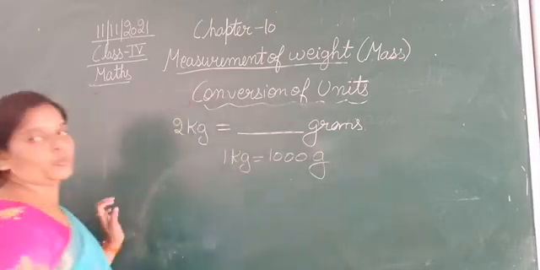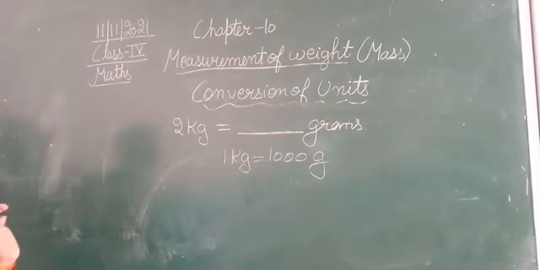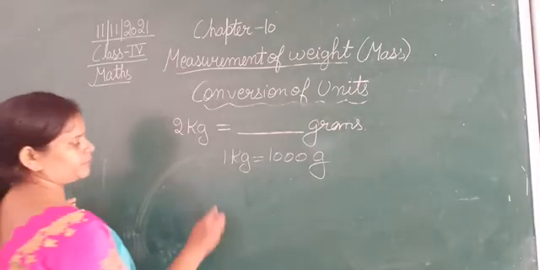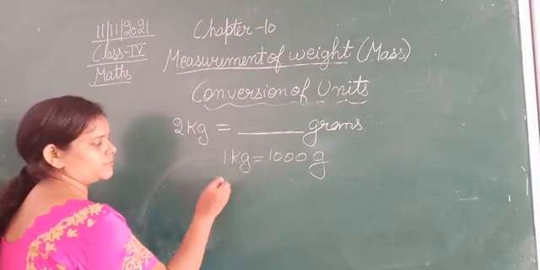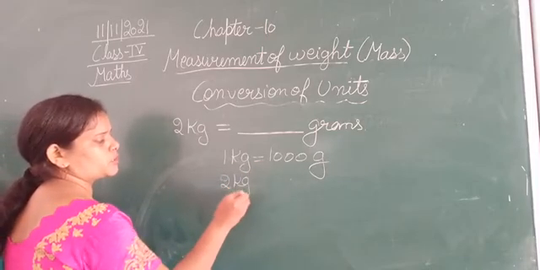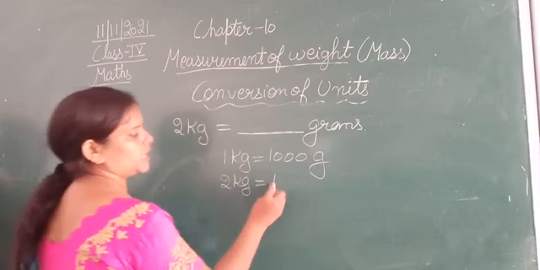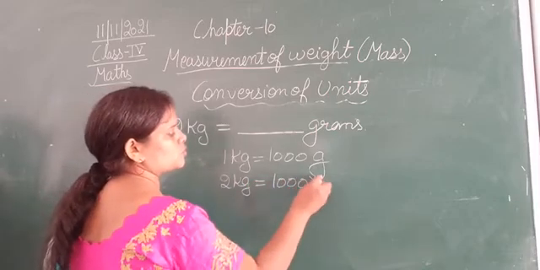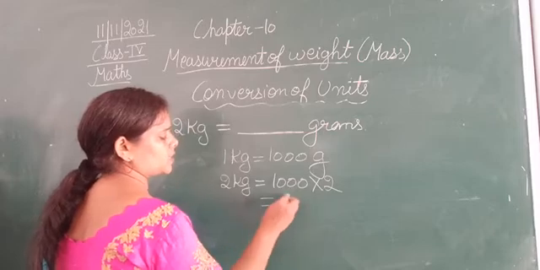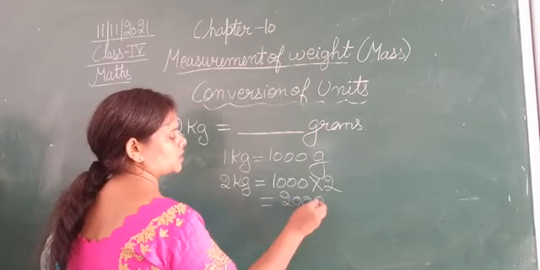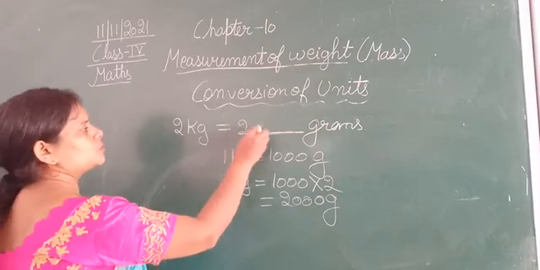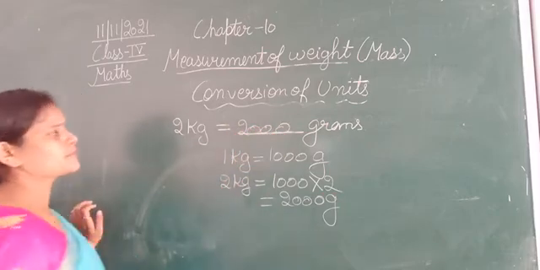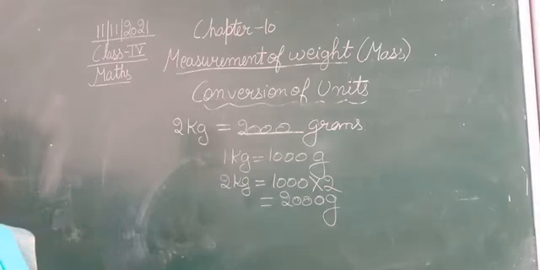As we know, 1 kg is equal to 1000 grams. So 2 kg will be 1000 into 2, that is 2000 grams. So 2 kg is equal to 2000 grams. This is quite simple. Let me make it a little bit harder.